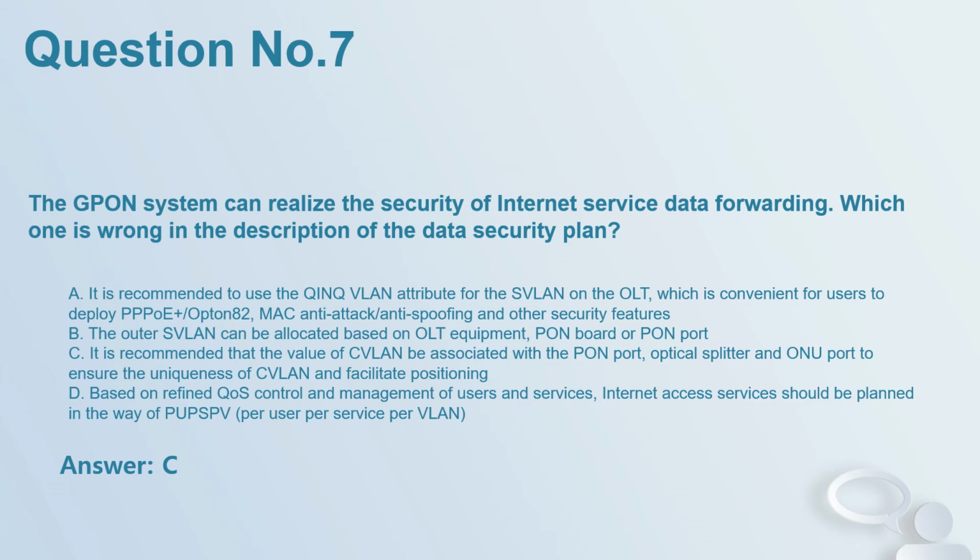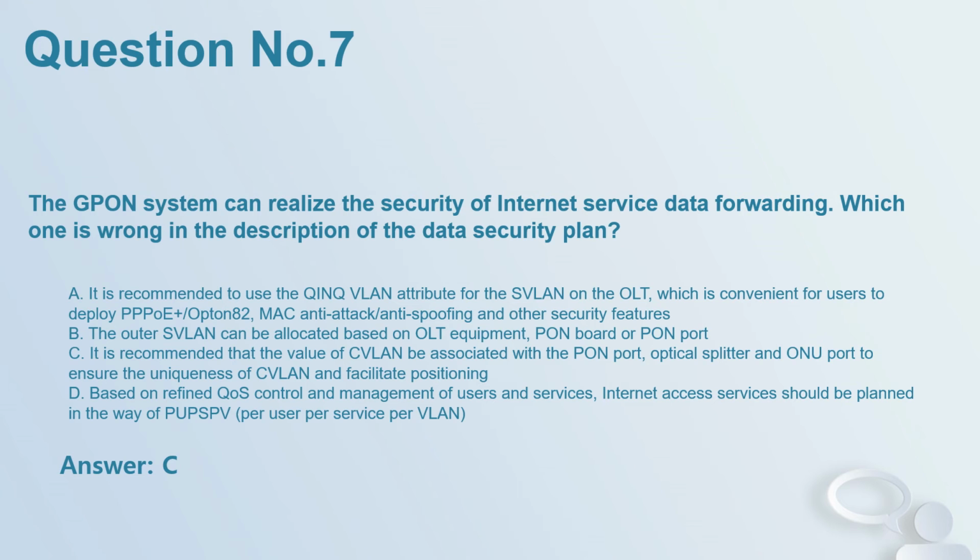Question number 7. The GPON system can realize the security of Internet service data forwarding. Which one is wrong in the description of the data security plan? A. It is recommended to use the QinQ VLAN attribute for the SVLAN on the OLT, which is convenient for users to deploy PPPoE+, Option 82, MAC anti-attack, anti-spoofing and other security features.